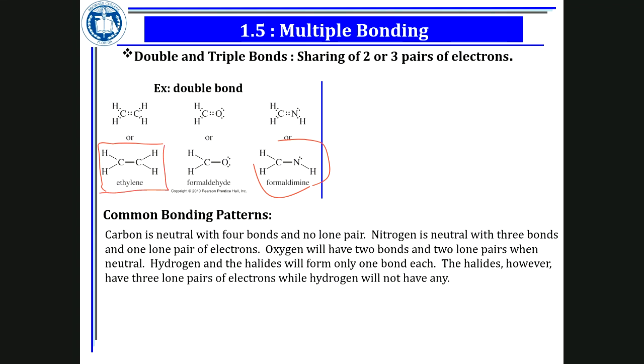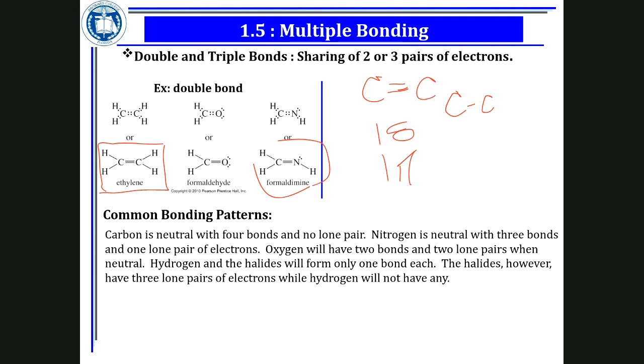If you have a carbon-carbon double bond, for any double bond, 1 bond is called sigma and 1 is a pi bond. If you have carbon-carbon single bond, I should have started with this one actually. Is this a sigma bond or a pi bond? That's a sigma bond.